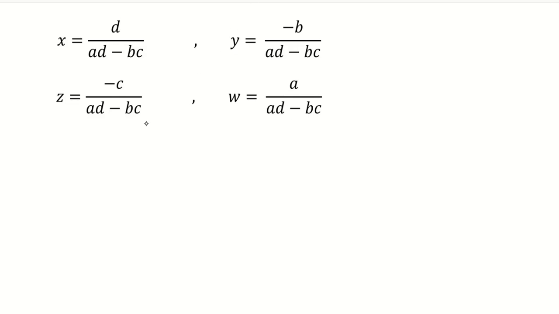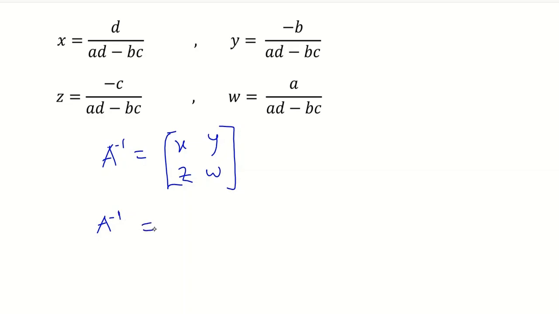Remember that we said that we should let A inverse be equal to the matrix X, Y, Z, W. When we substitute these values into A inverse, we are going to have a bigger matrix.